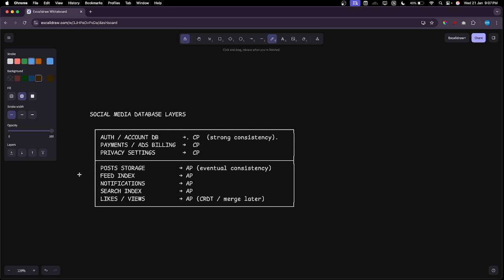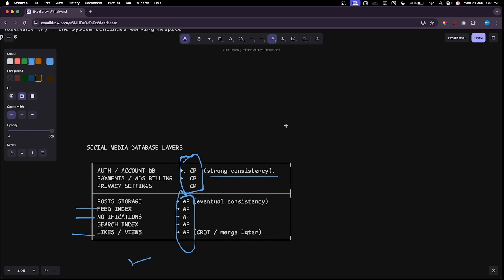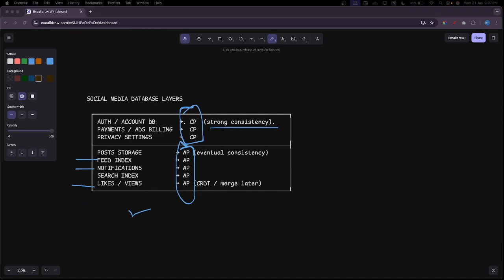And for the feed, index, notifications, likes, and views, they guarantee availability, because old data may work for some time. But for privacy and security issues, they give strong consistency. So that's how the big social media applications work. That is what CAP is.